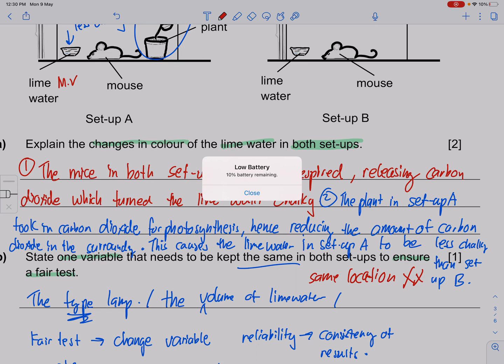So if I conduct my experiment on the table in the lab, and then I repeated it on the floor of the lab, are they in the same location? Yes, it is still in the lab, but they're different parts. The one on the table maybe got a bit more fan, so it's cooler. I don't know, but my point to you is no. Okay?